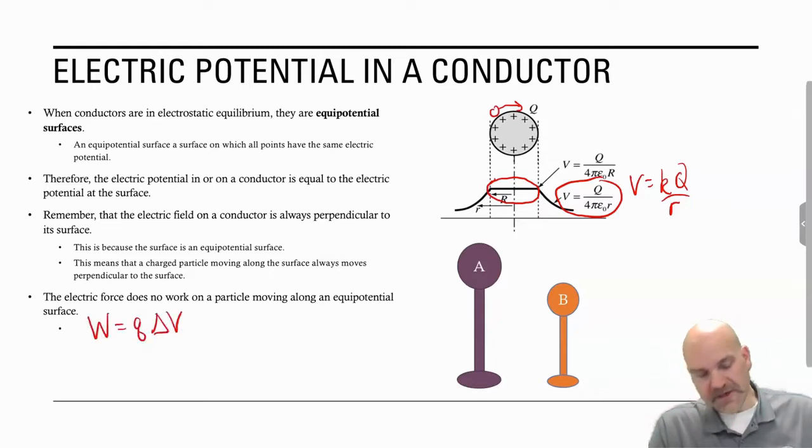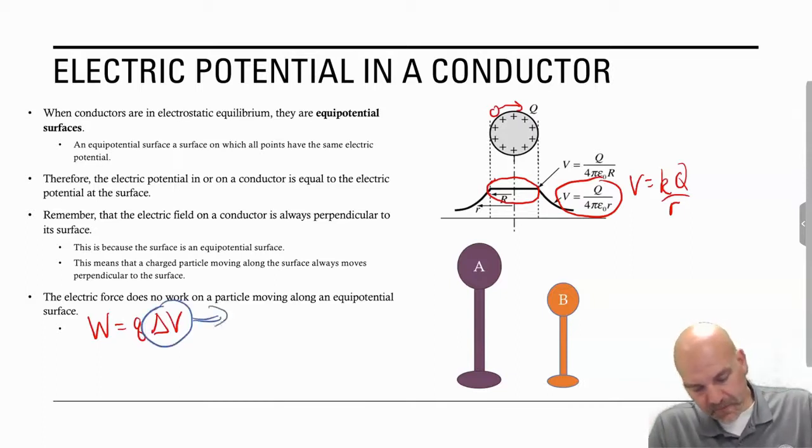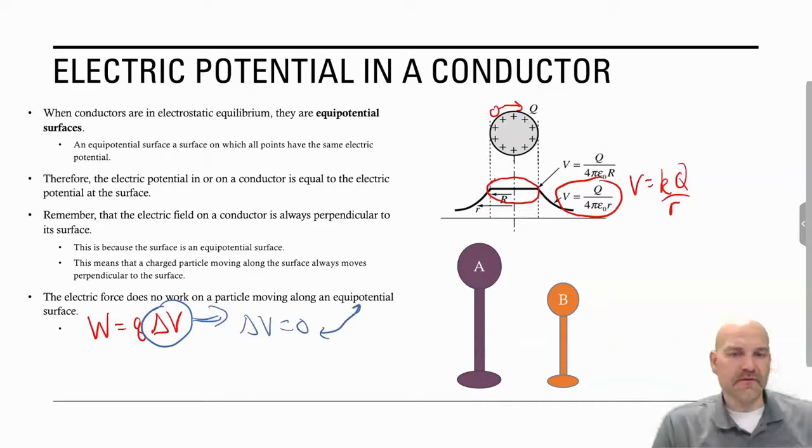If you remember the work equation, work equals q delta V, and on an equipotential surface delta V is equal to 0, so there's no work being done. If there's a multiple choice question on equipotential lines or surfaces, there's no work being done.